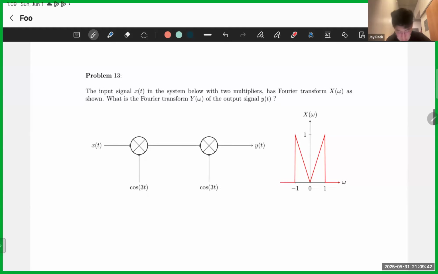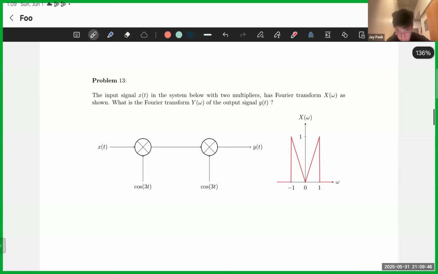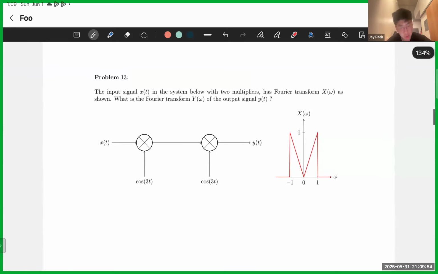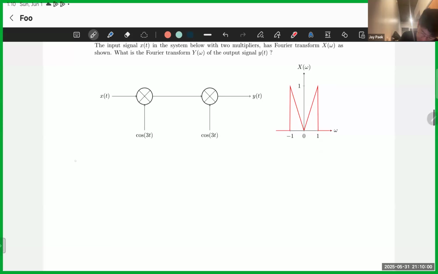Next question. The input signal x of t is below, with 2 multipliers. What is the Fourier transform Y of omega in terms of the output signal y of t? Okay, so you can do this 2 different ways again. I will do it one way. The other way follows similarly.